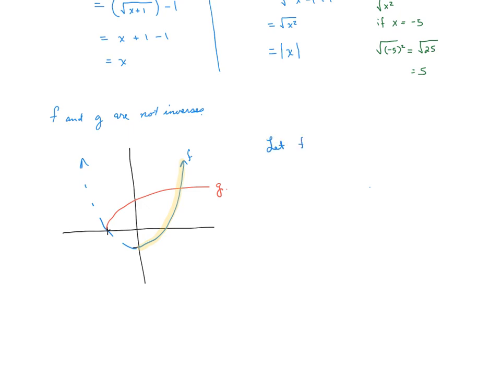So let f of x equal x squared minus 1 when x is bigger than or equal to 0. Then f and g will be inverses.